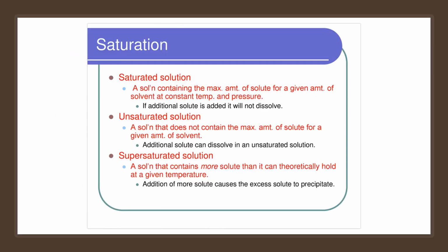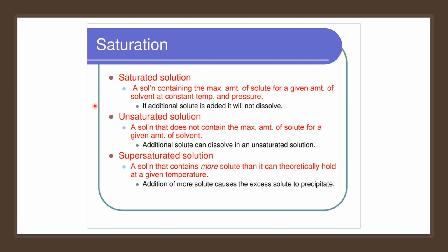A solution can also be classified according to its saturation. When we say a saturated solution, that is a solution containing the maximum amount of a solute for a given amount of solvent at constant temperature and pressure. So for a saturated solution, if we are going to add a solute, it will not be able to dissolve.